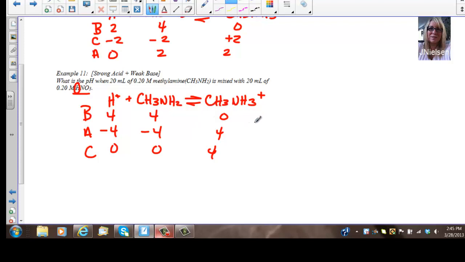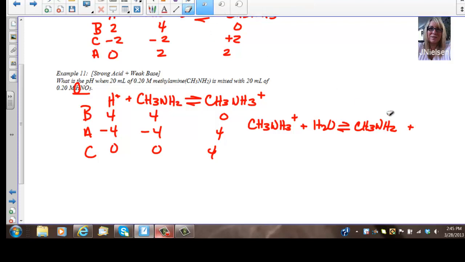So we're going to have CH3NH3+, and we need to add water to this, HOH or H2O, and we're going to get CH3NH2 and H3O+.